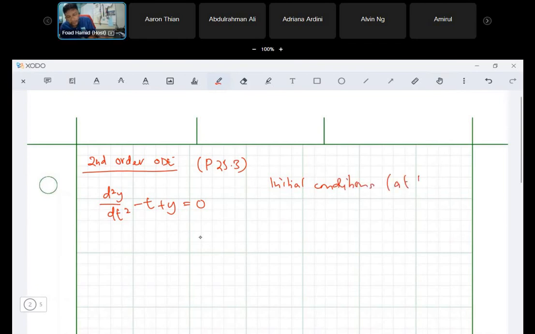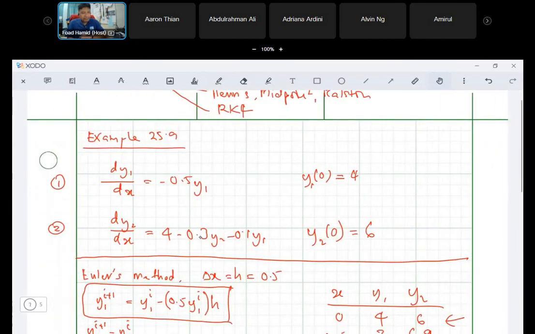At t equal to 0, y0 is equal to 2, and dy/dt at t equal to 0 is equal to 0. This is just like our simultaneous ODEs. It has two initial conditions and two first order ODEs.